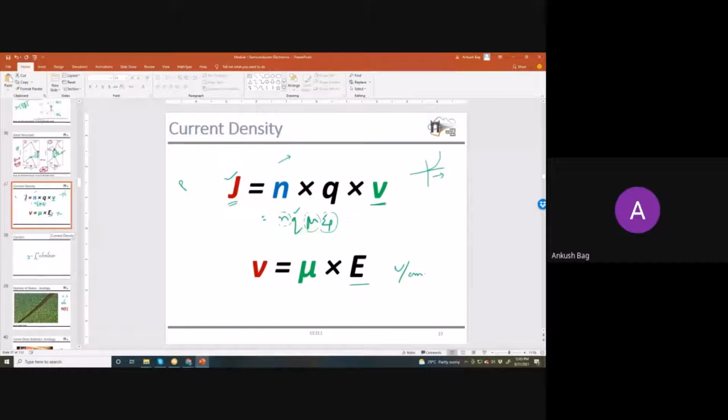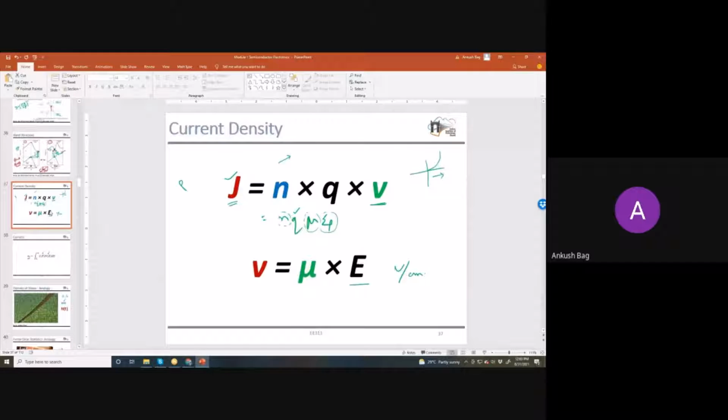Unlike metal, in semiconductor both electrons as well as holes are responsible for the current.